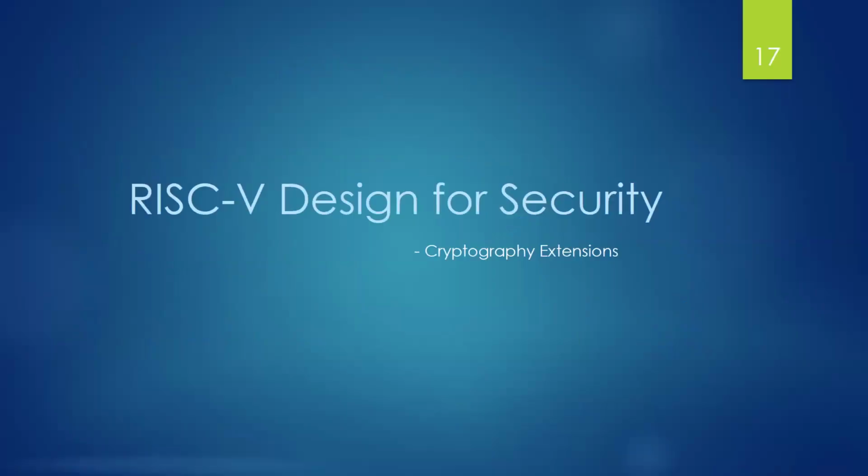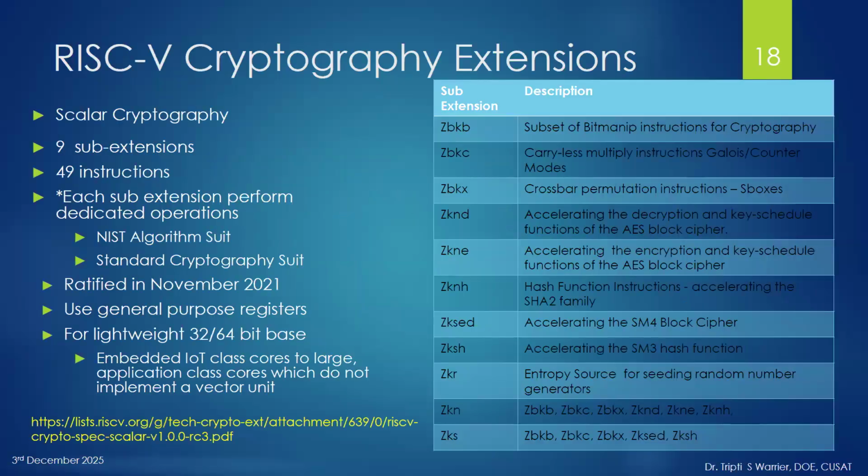Looking at cryptographic extensions for security for RISC-V, there are two sets of extensions, scalar and vector. Scalar cryptography extensions are generally used for simpler cores, that is, embedded in IoT applications or large application cores, but not high performance systems. These extensions support both 32-bit and 64-bit.